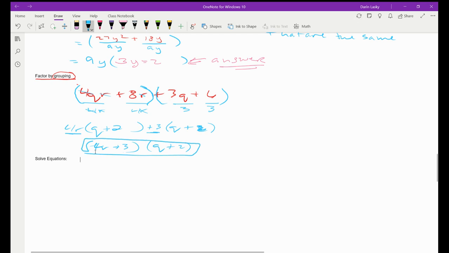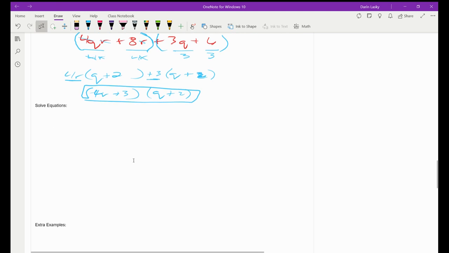Okay. And then yesterday you had some solving equation ones. So you ended up with something like, let's say, 4x squared plus 8x equals 0. Let me erase that real quick. Let's go equals negative 8x.